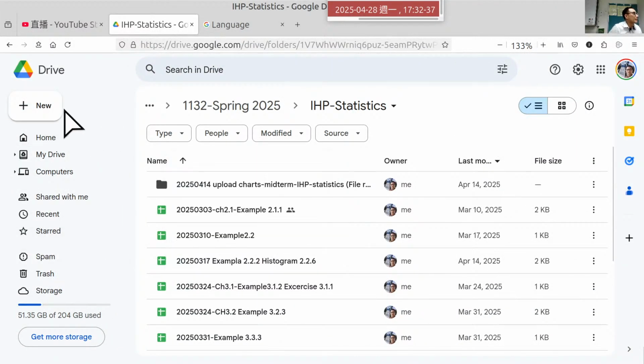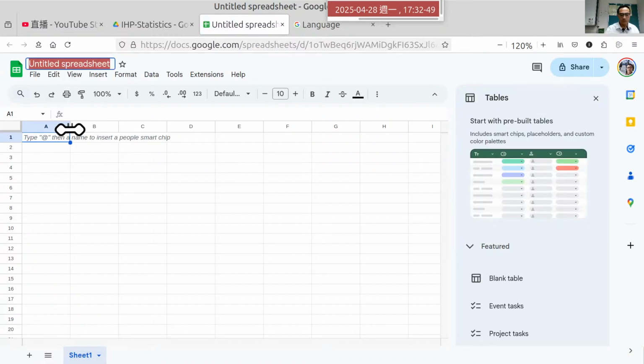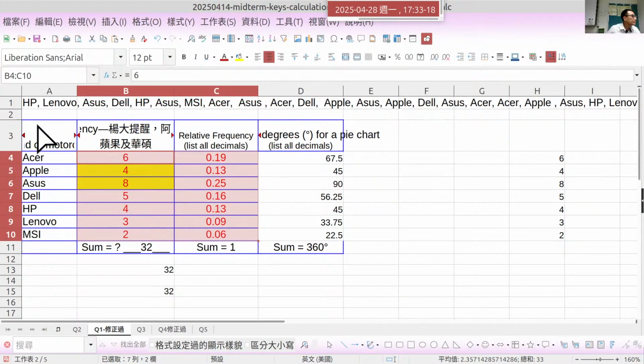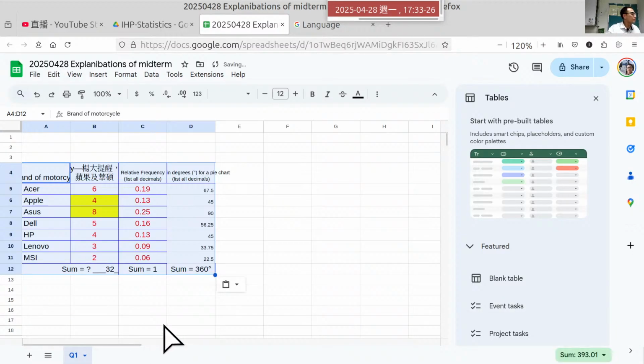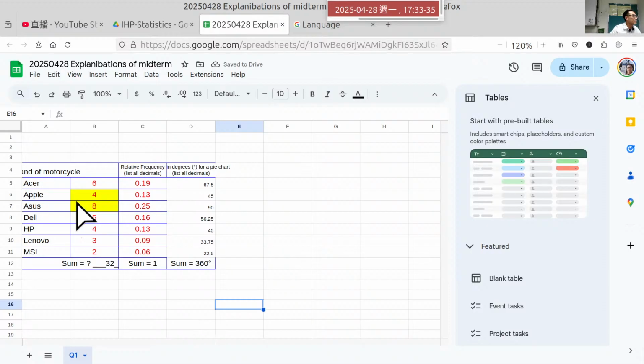Okay. Let me create a new spreadsheet. Okay, and now I can select the range here.